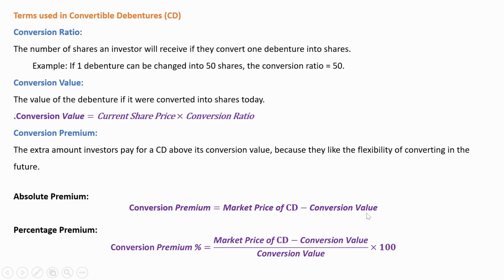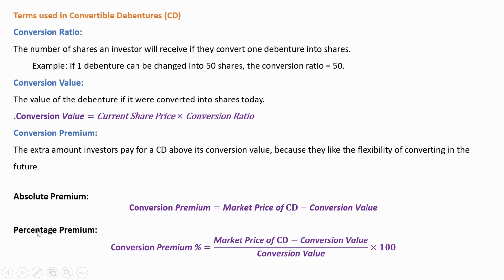Deduct the conversion value, which we have seen above. We have seen the formula of conversion value, the share price at the time of conversion times the conversion ratio. So whatever you get is the conversion value. So conversion premium is the market price of convertible debenture, deduct the conversion value. That will be the absolute premium in shillings.